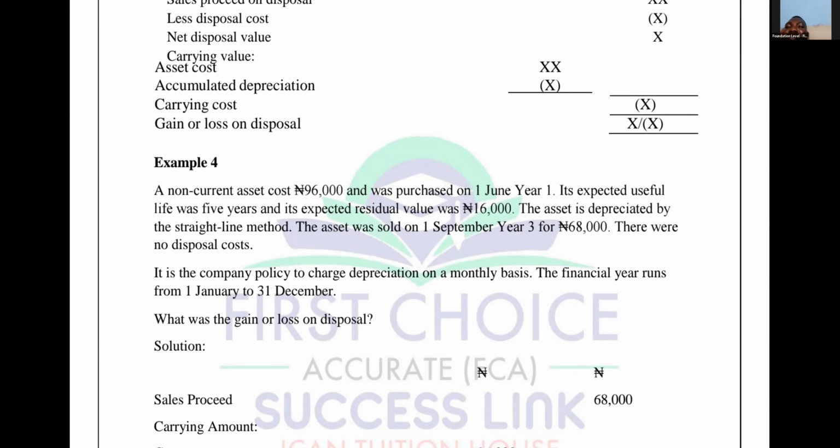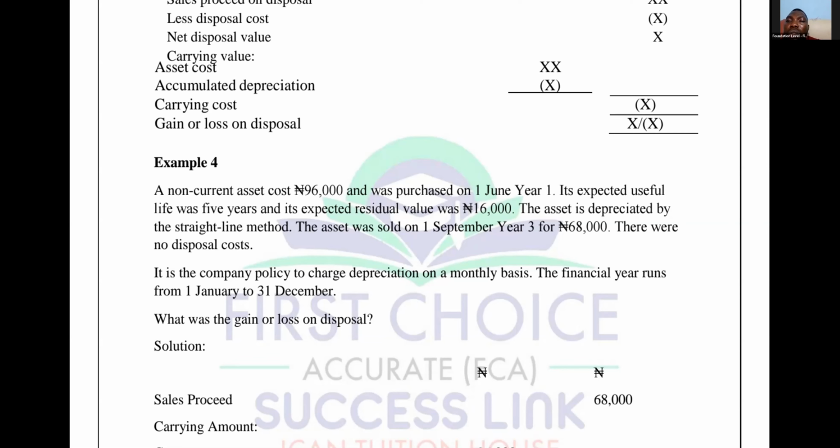We now have that a non-current asset cost 96,000 and was purchased on 1st June year 1. Its expected useful life was 5 years, and its expected residual value was 16,000. The asset is depreciated by the straight line method.